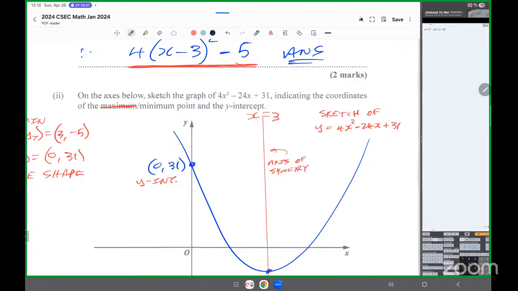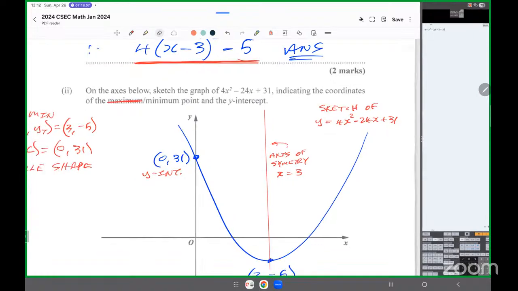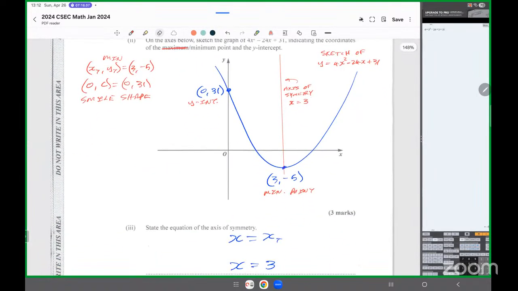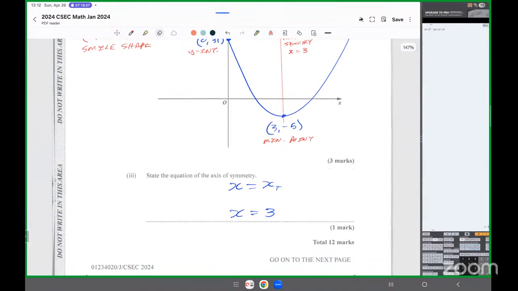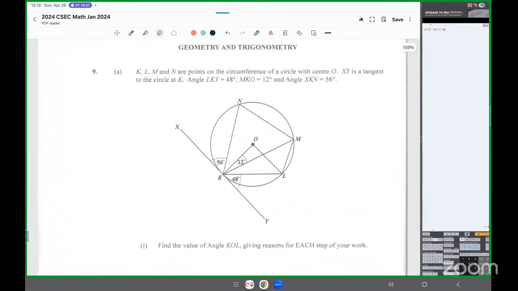This line is the axis of symmetry. This is the equation of it: x equals 3. It divides the graph in half and passes through the turning point. x equals 3. Done.